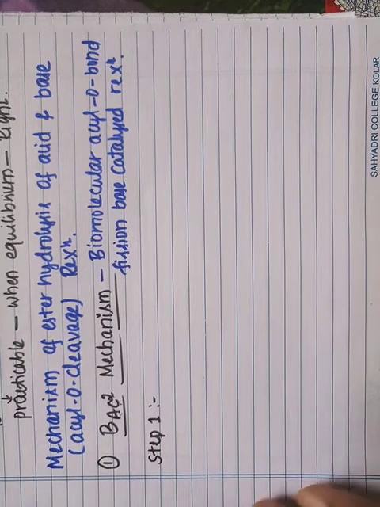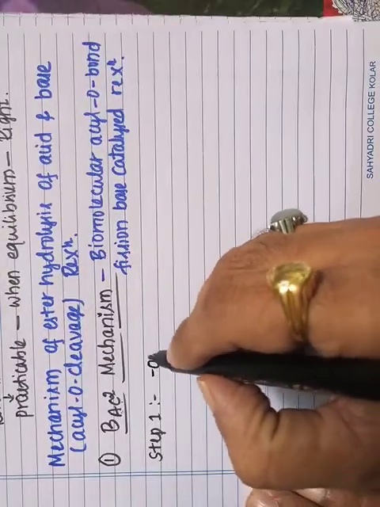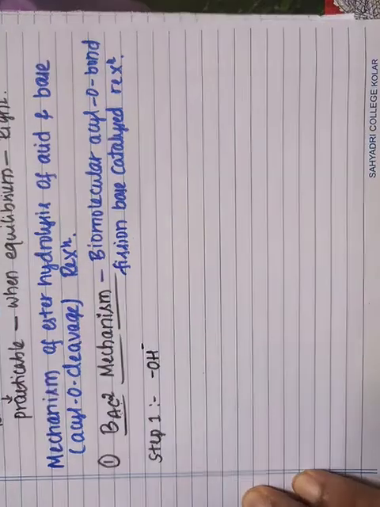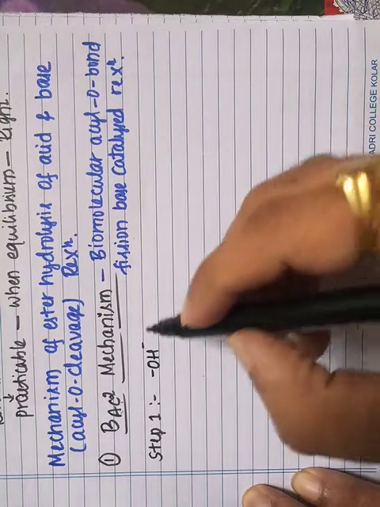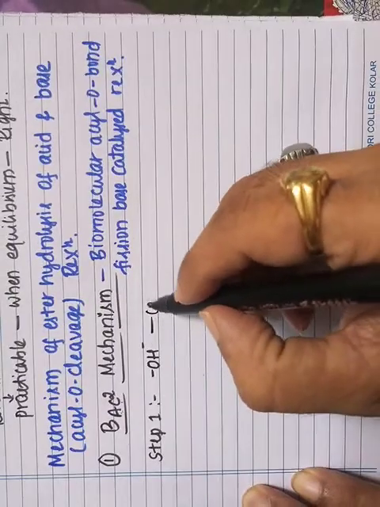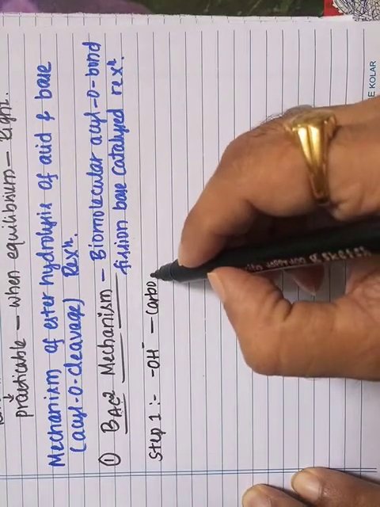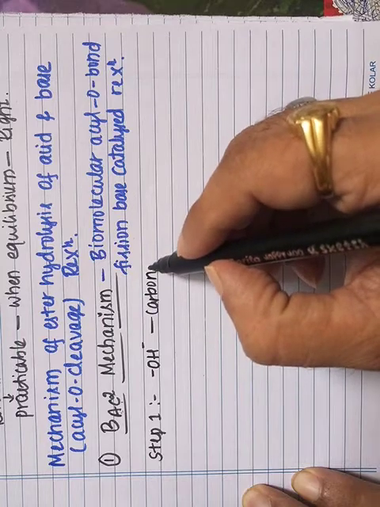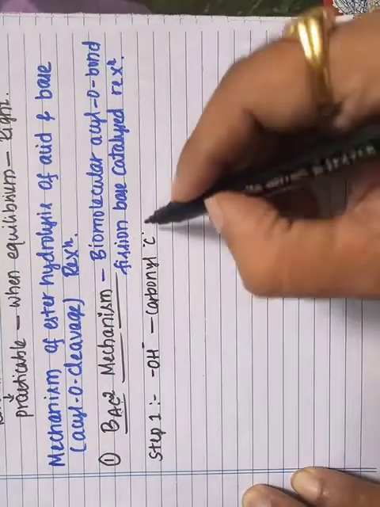In step 1, the nucleophile which is produced by the dissociation of the base will attack the carbonyl carbon. The OH minus ion of the base will attack the carbonyl carbon of the ester.